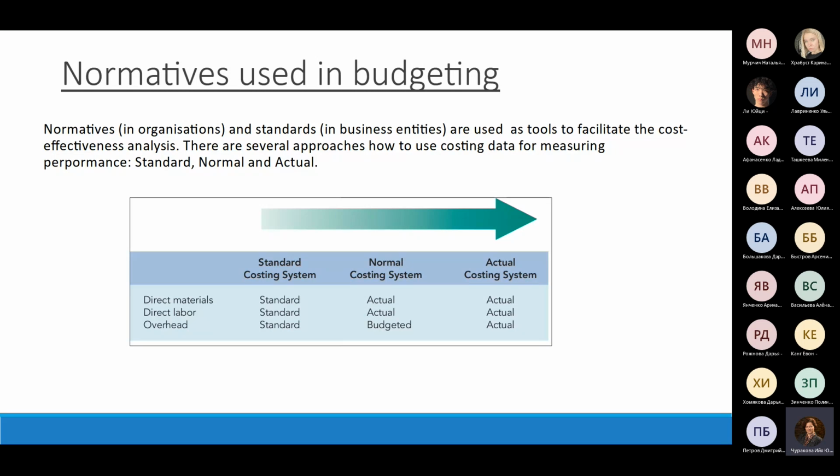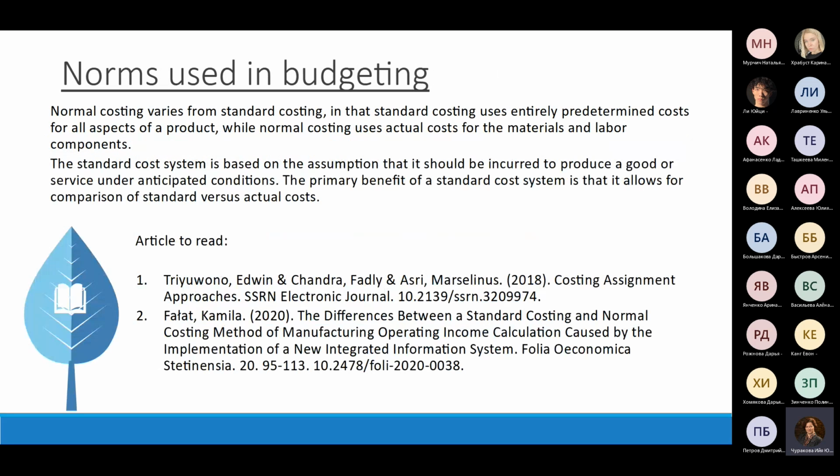Decisions in those cases are quite fast, but the relevance of the data analysis is a bit lower because not always our standard material use, standard production, and standard labor use are really the same as our actual values, because of the negative features of forecasting. So you know that forecasting is only a specific guess regarding future based on some data, but in that case the relevance of this analysis would be a bit lower, but the speed is quite good.